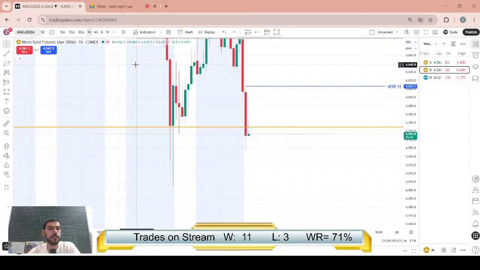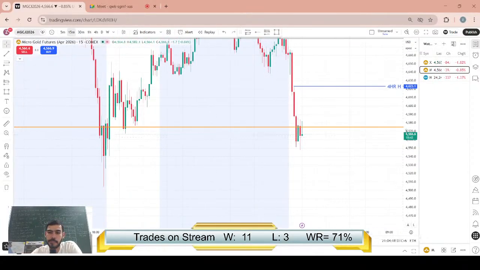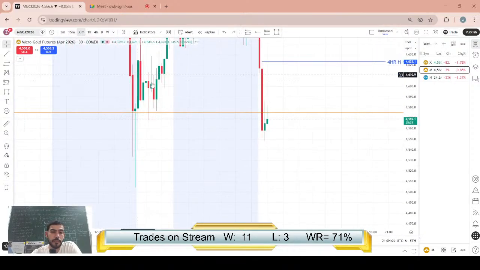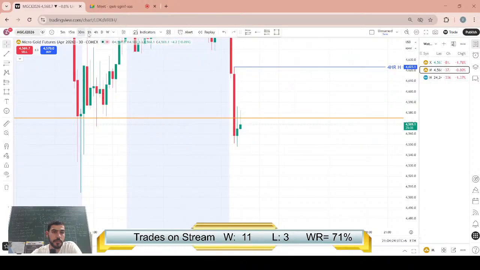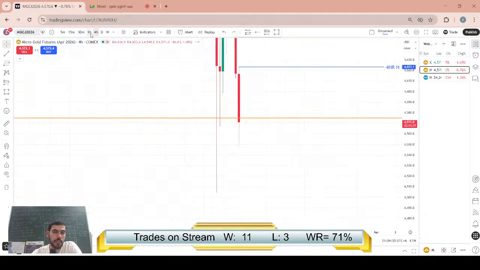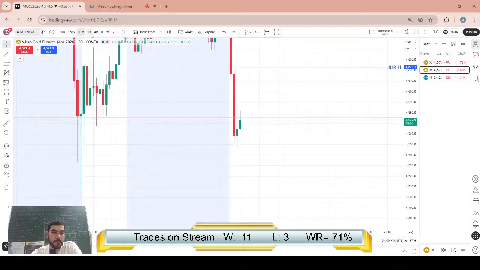On Lucid or Dominion Funding? On Lucid. On Dominion Funding, I'm up close to 1%. Oh, wow, that's not bad. That's in the evaluation stage, right, not the funding stage? Lucid is in the evaluation stage, but Dominion Funding is in the funding stage.